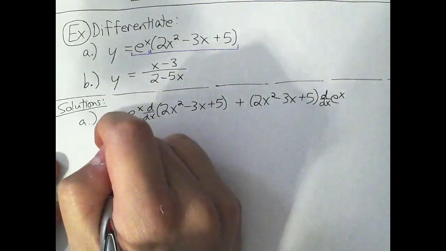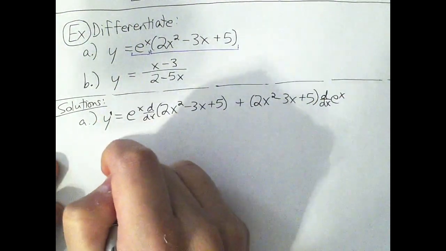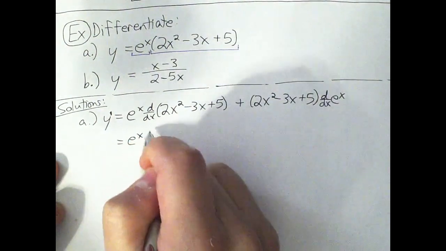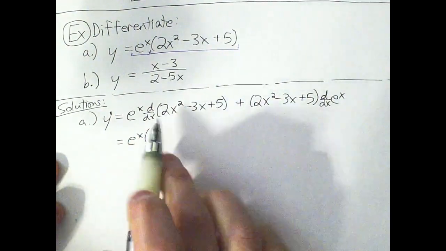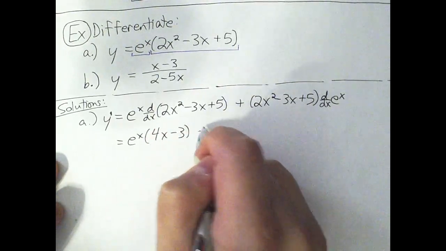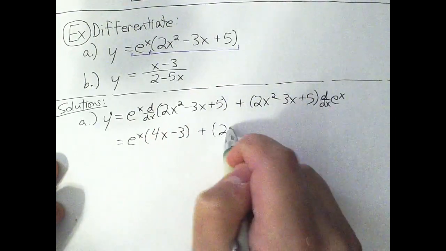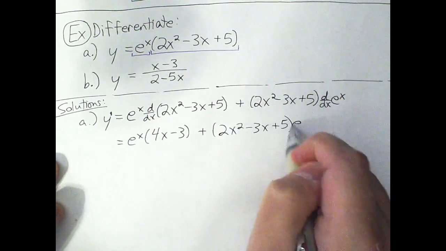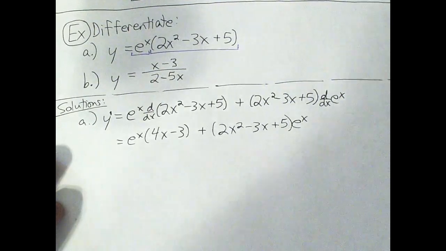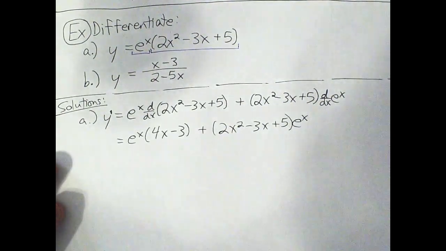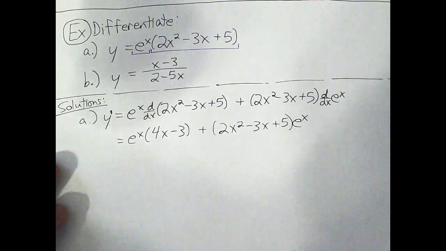That would be fine. All right, so y prime is e to the x times, what's the derivative of this polynomial? You should get 4x minus 3. And then over here, we still have 2x squared minus 3x plus 5 times e to the x. We differentiated, but now we want to see if anything cancels, if anything combines.